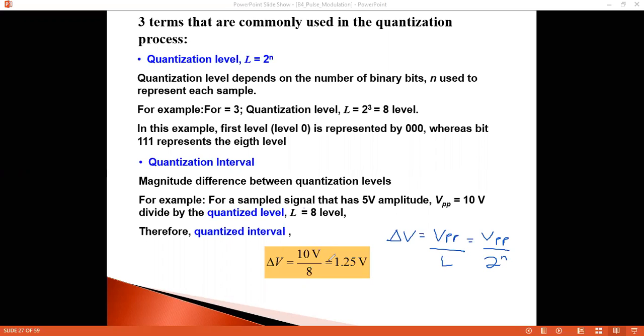So delta V is 1.25. So if, for example, this is our level 0, level 1, this is delta V, the difference between levels.